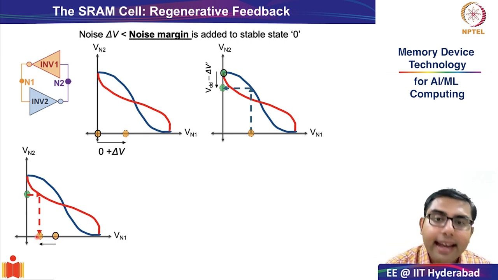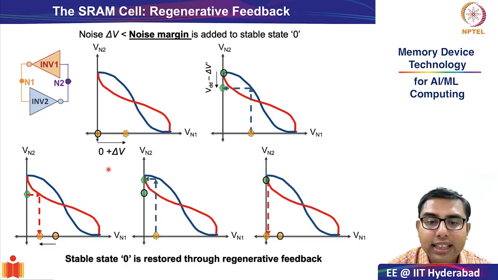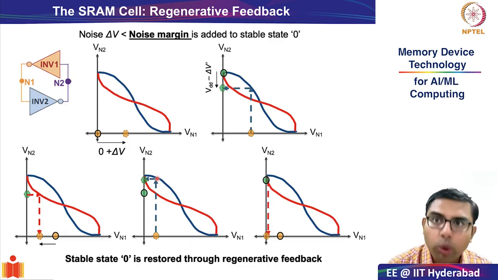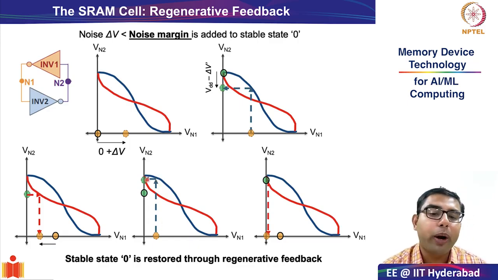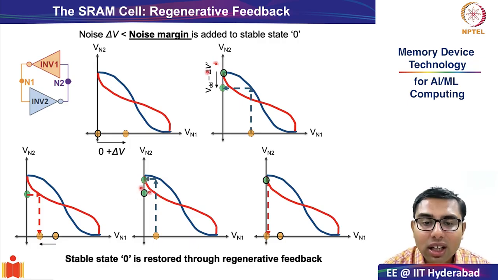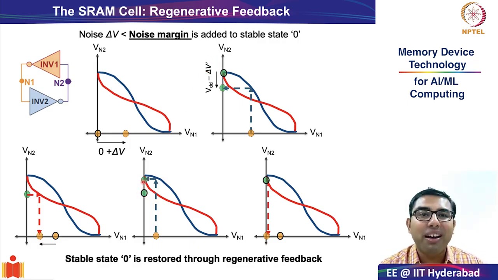Okay. Again, we follow the same rhythm. We see that Vn1 has been changed. And because Vn1 has been changed, we need to project what is happening at Vn2 using inverter 2, which is the blue line. That is exactly what I am showing over here with my laser pointer. And you see that the disturbance delta V dash in Vn2 has also been mitigated.